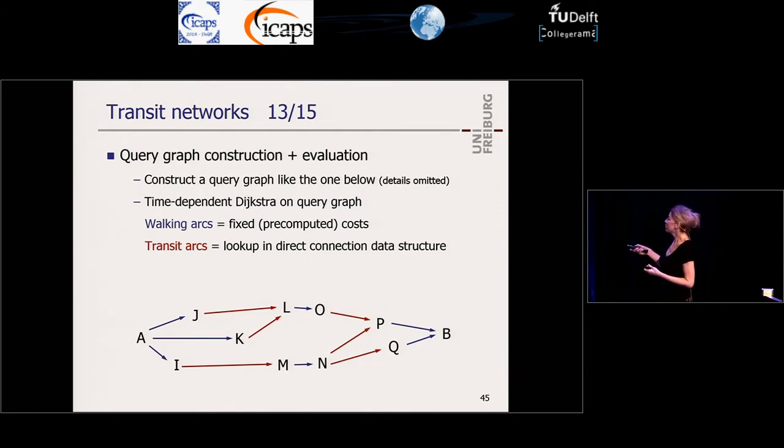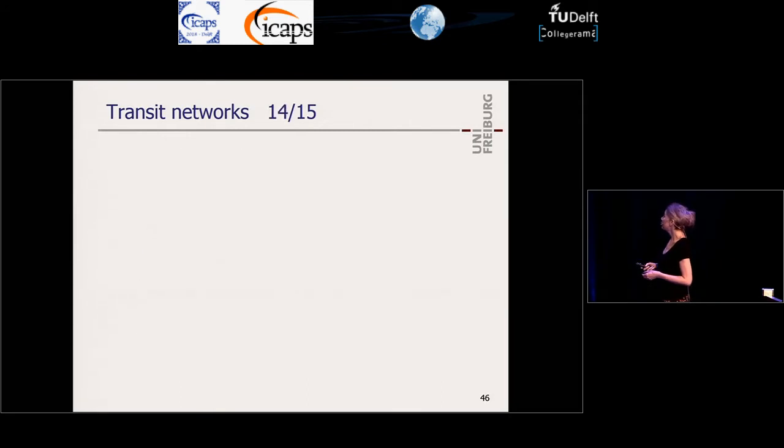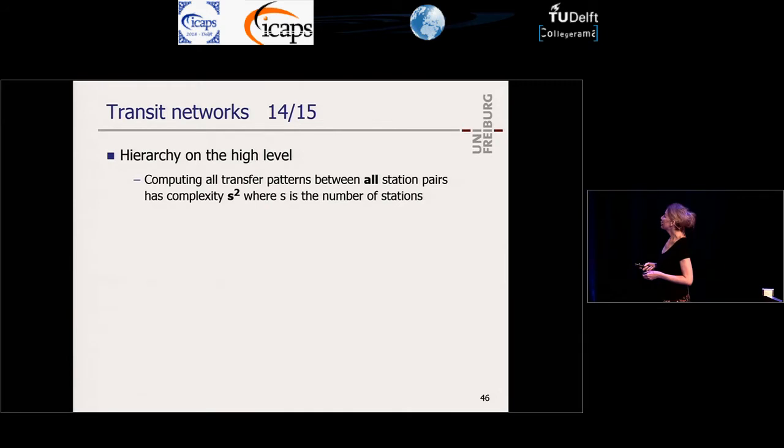How do I get to this station? What's the next best way? I just look it up in my data structure. But it's also quick, and you can do it with Dijkstra, right? And the query time, so again, you're reducing the problem at query time to a much smaller graph, right? It's a few milliseconds per 1,000 arcs.